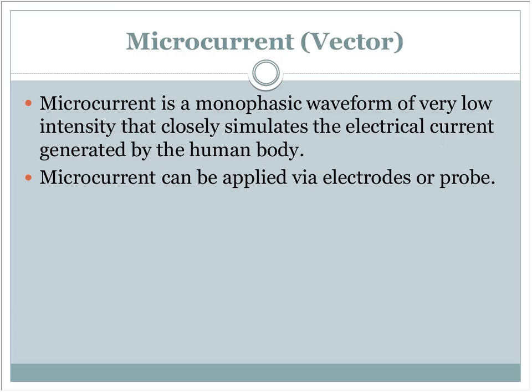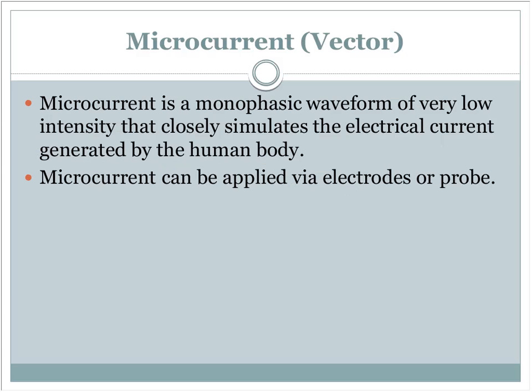And this is microcurrent. Microcurrent's actually kind of nice. It simulates the natural electrical current that's generated by the body. So where this can really be helpful is doing wound care again, or trying to heal a structure, because it's sometimes overriding the odd electrical pattern that occurs in the body after an injury and trying to restore it to a natural function.